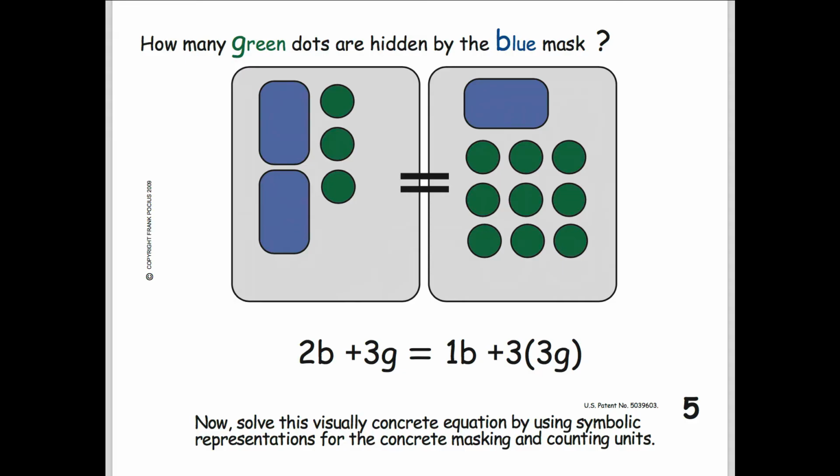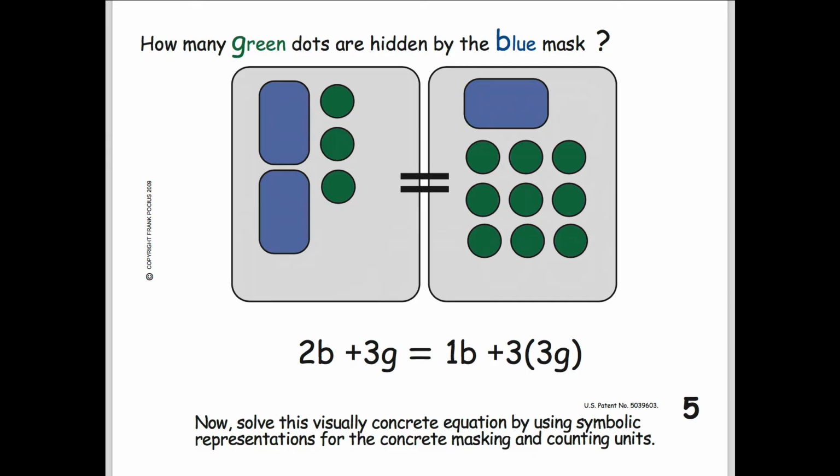Now solve this visually concrete equation by using symbolic representations for the concrete masking and counting units. If an equation is represented in only the notational form and with no prior concrete representation, then it would not be obvious whether the equation represented blue dots hidden by a green mask or green dots hidden by a blue mask.